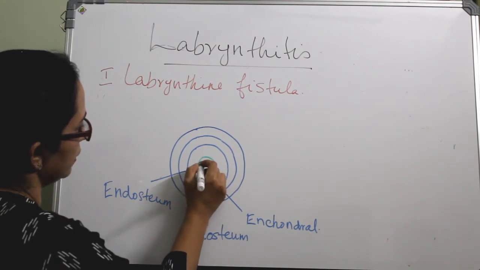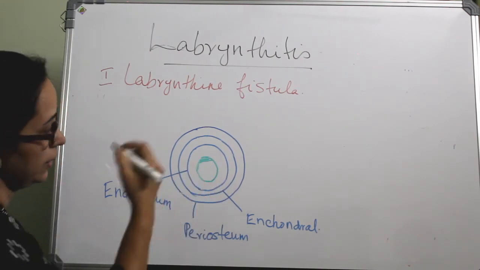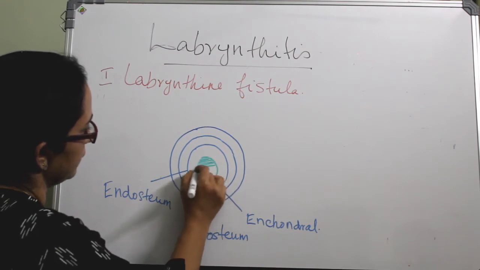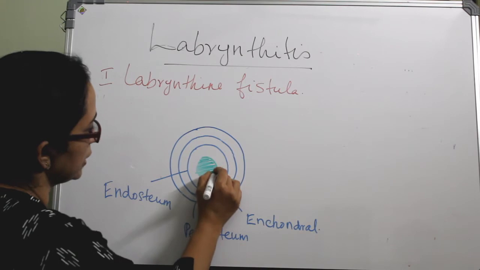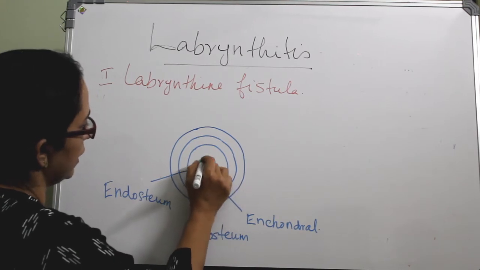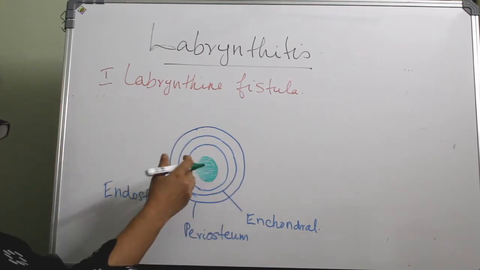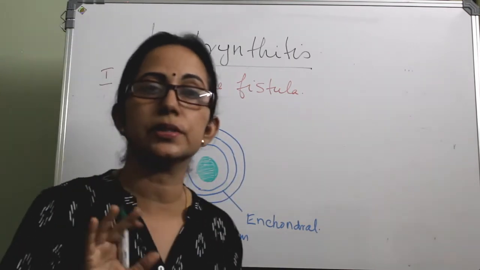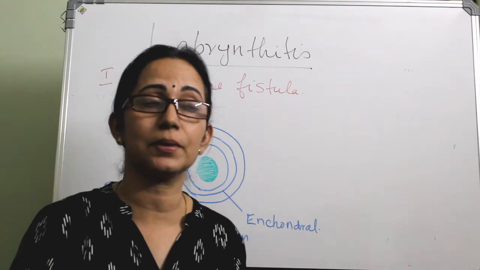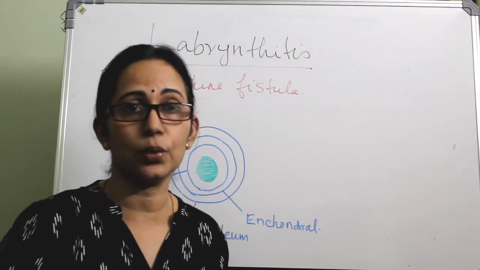All this anatomy of the labyrinth is explained in my earlier classes. If any doubt, you go and see that, otherwise you will have confusion. So this is the membranous labyrinth, and outside is the bony labyrinth. And what comes inside the membranous labyrinth? That fluid is the endolymph.